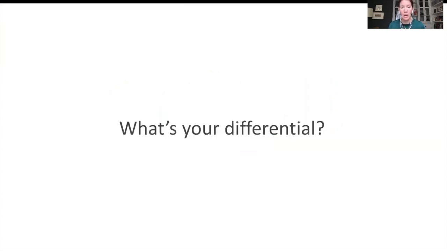Okay, so now I'm just going to get you to get a pencil and paper, and for the next 30 to 60 seconds or so, I'm going to give you time to write down what your differential is for a baby like this one. So what do you think the differential is?